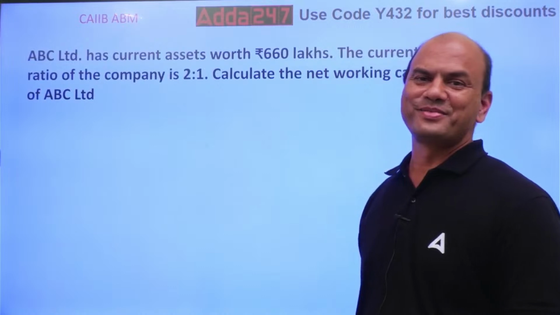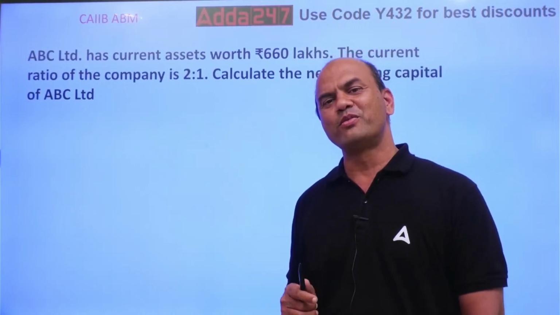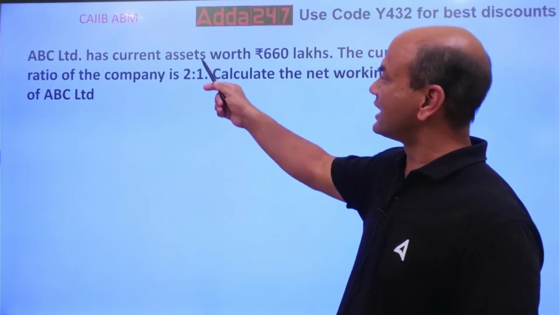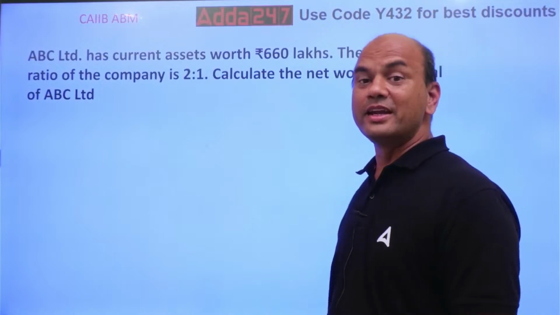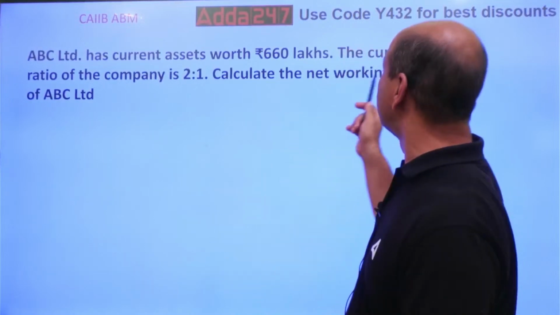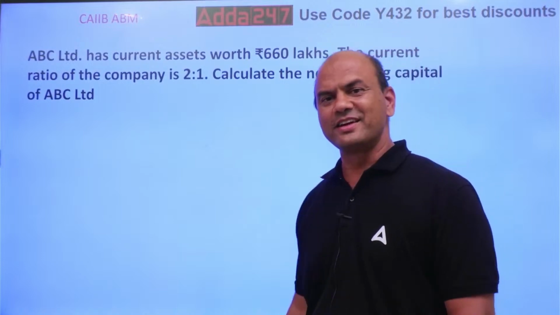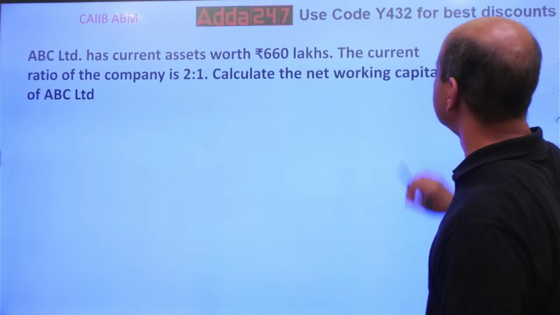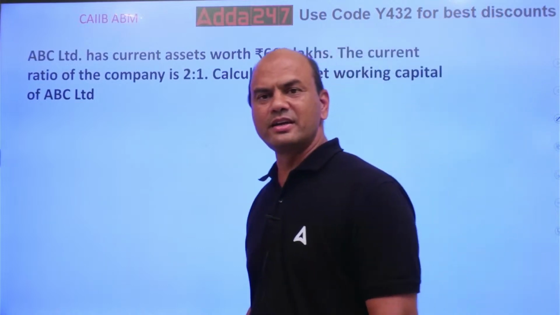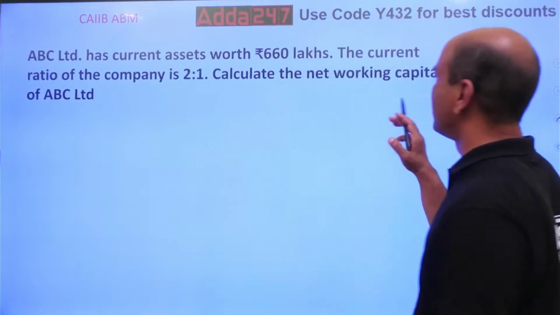Think. Firstly, for this, you need to know the relationship between current assets and current ratio, and then the relationship of net working capital. See, firstly understand what is net working capital.